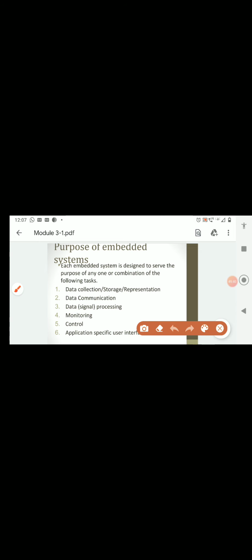You may use it in data collection, storage or representation, data communication, data or signal processing, monitoring, control, and application specific user interface. You can use embedded systems in all these tasks, or in a combination.